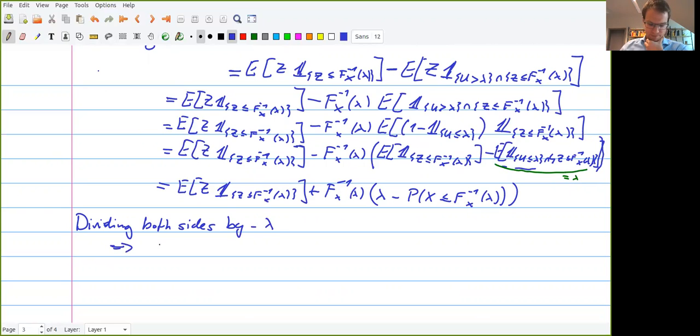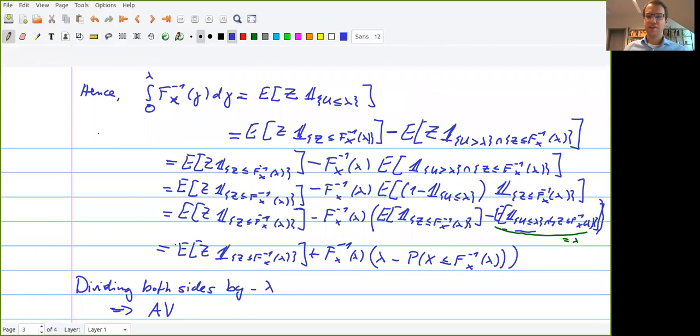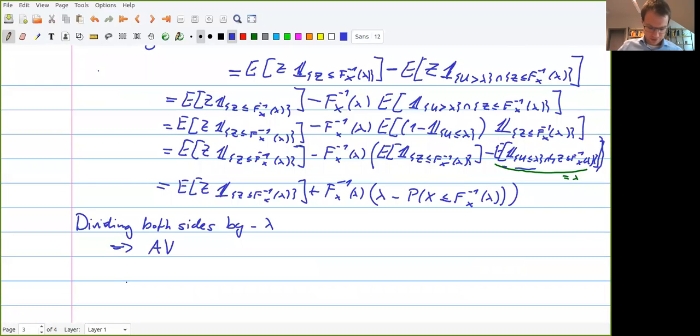What do we get? Well, if we divide the right hand side, oh sorry, the left hand side by minus lambda, well, this is just the definition of value at risk, average value at risk. Okay, that's good.